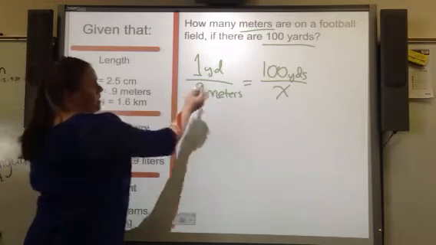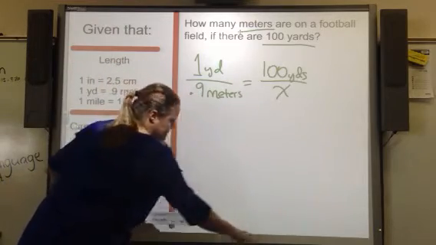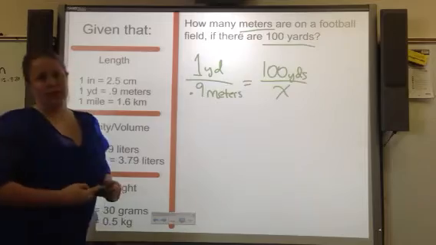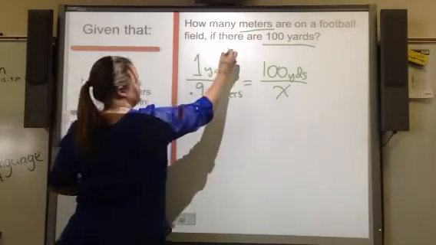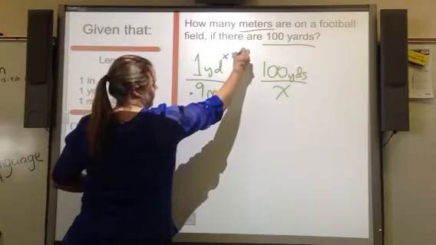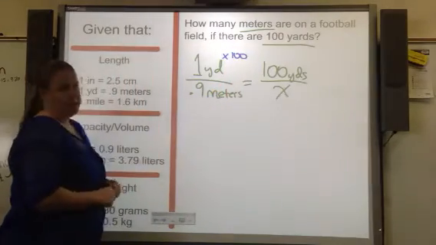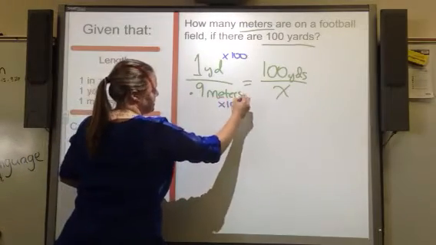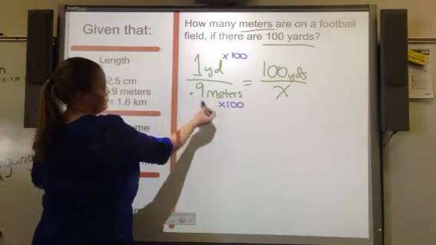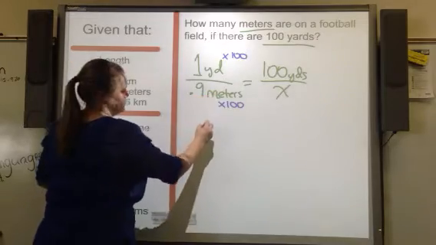Today I'm just going to go straight across with equivalent fractions because I know 1 yard to 100 yards is times 100. I'm going to do the same thing with my 9/10 of a meter and multiply it times 100. When I do that, I'm basically moving my decimal 2 places to the right.